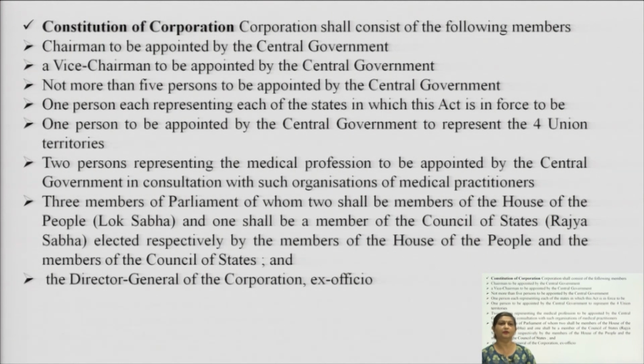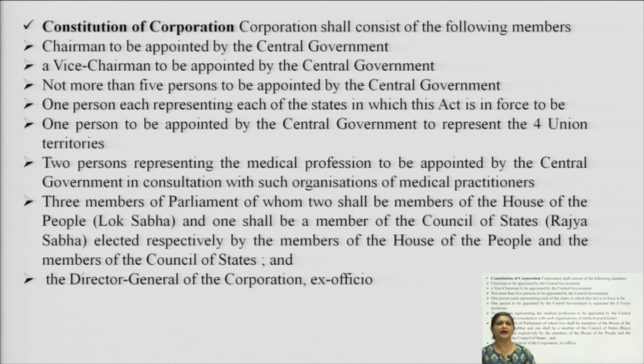Number 1 is a chairman to be appointed by the central government, a vice chairman to be appointed by the central government, not more than 5 persons to be appointed by the central government, 1 person each representing each of the states in which this Act is in force, and 1 person to be appointed by the central government to represent the union territories, basically 1 person from each state and 1 person from the union territories. 2 persons representing the medical profession to be appointed by the central government in consultation with such organizations of medical practitioners.